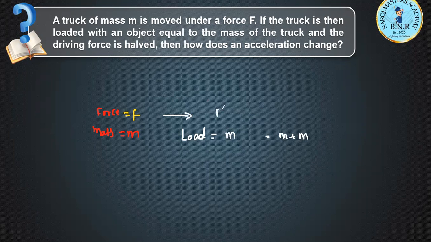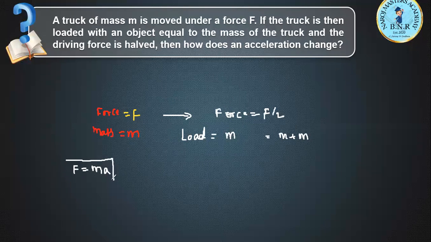The force applied is now F by 2. Then how does the acceleration change? We know F is equal to ma, so a is equal to force by mass. Initially the force was F, and now the force becomes F by 2.